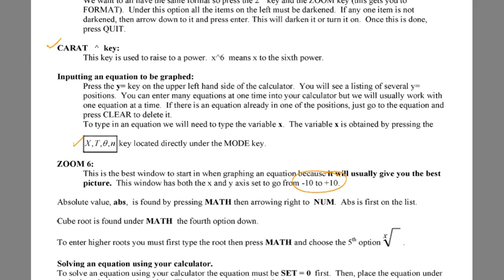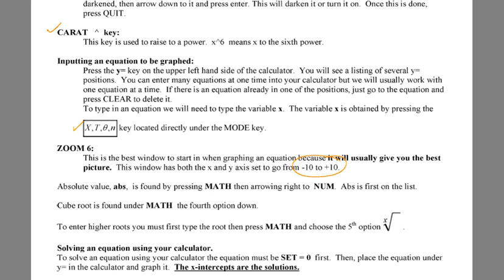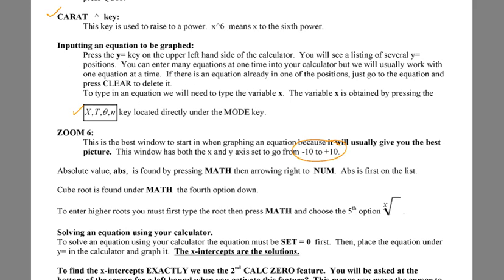There are going to be some other features, other operations that we'll need to find, and one is the absolute value, which can be difficult to find. One place you can go to find it is by pressing the math key and then arrowing to the right to the NUM feature, and you'll find absolute value, but it's not two straight lines, it's the letters ABS for absolute value.